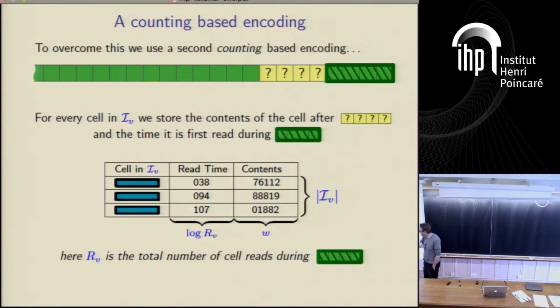So for every cell in the information transfer, we're going to store the read time, so it's the first time at which it's read after the unknown period, and its contents. And this will require fewer bits if the read time is small, and more bits if the read time is large. But it's an alternative way of encoding the information transfer. Is that clear what's going on?